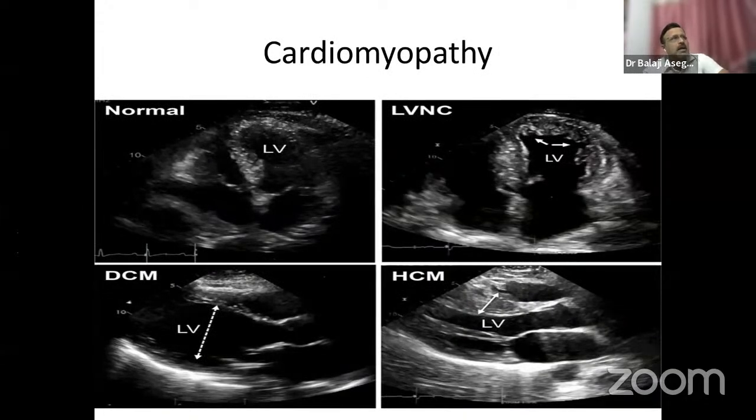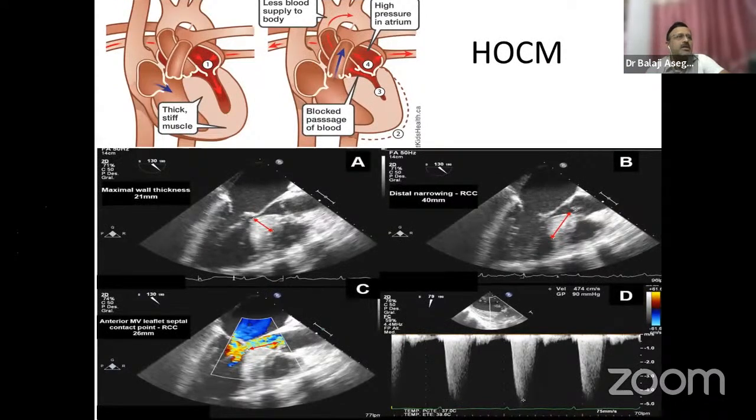We already talked about dilated cardiomyopathy and hypertrophic cardiomyopathy, but the one cardiomyopathy which I wanted to mention specially is hypertrophic obstructive cardiomyopathy. Here, rather than the whole chamber, the septum is abnormally hypertrophic, and due to this septum and the lengthening of one of the mitral leaflets, at the time of systole it is obstructing the LV outlet, the LVOT, left ventricular outflow tract, which is causing a dynamic obstructive condition.